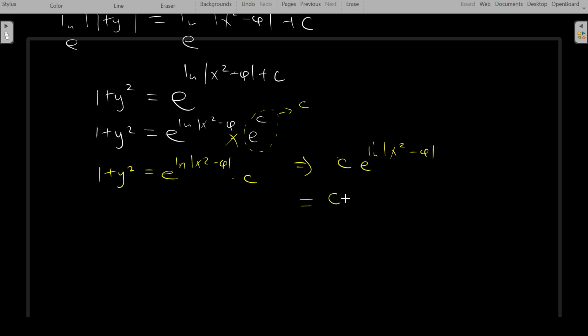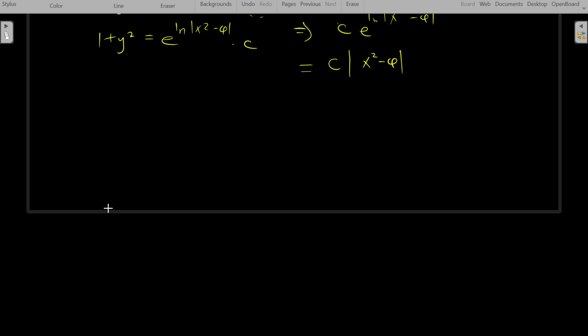So it's c multiplied by x squared minus 4. Now my general solution will be 1 plus y squared equals c multiplied by x squared minus 4. Once we have this, this is the implicit form.